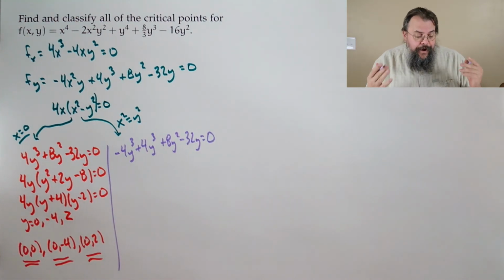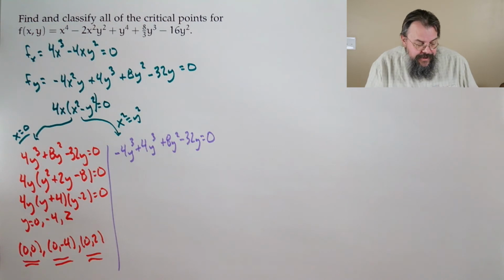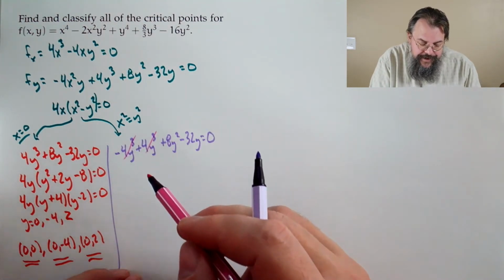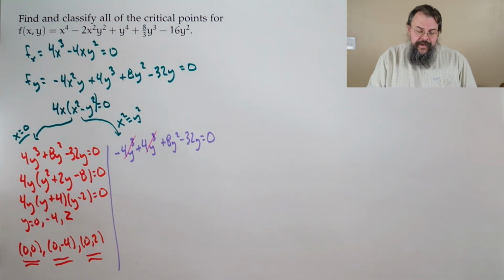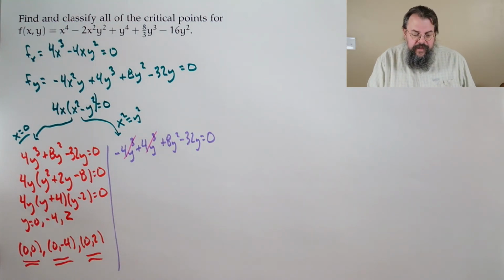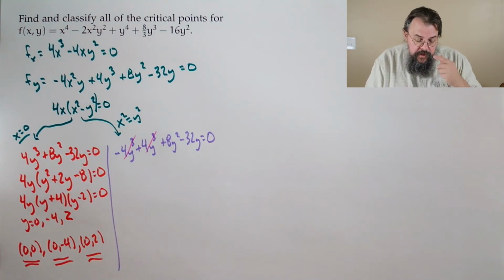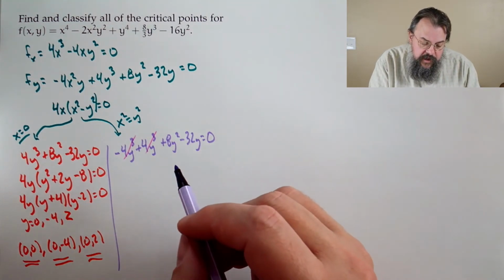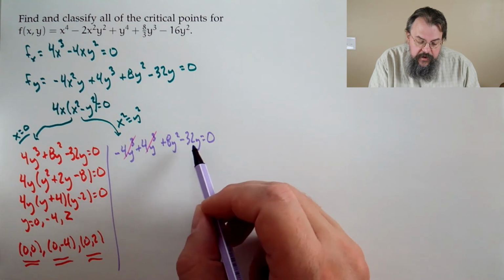And now, almost as if it had been planned, because I think it was planned, they cancel. Well, that really makes things nice. What ends up happening next? Well, okay, what happens next here is we can factor.